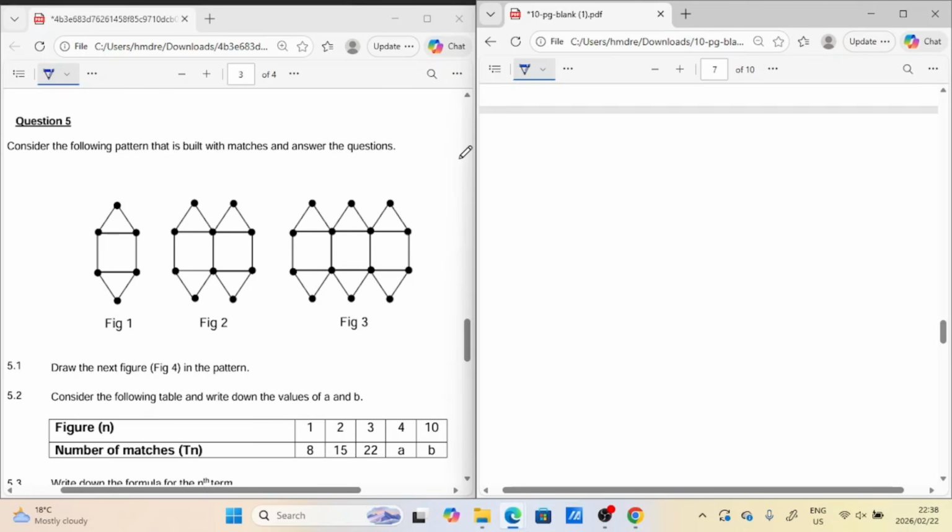Okay, so we've got 3 figures here. It says 5.1, draw the next figure in the pattern. We can see each time they're just adding one of these things.